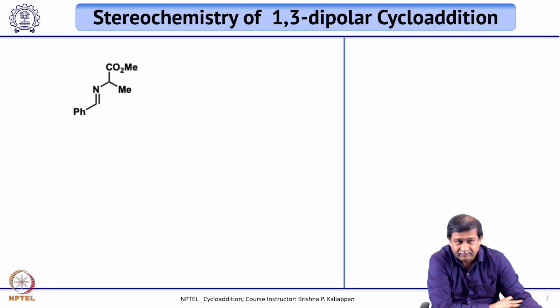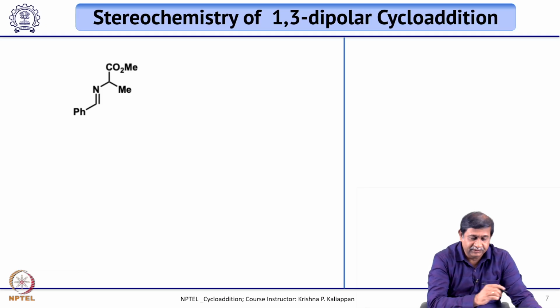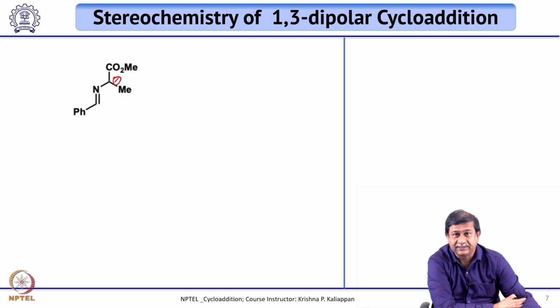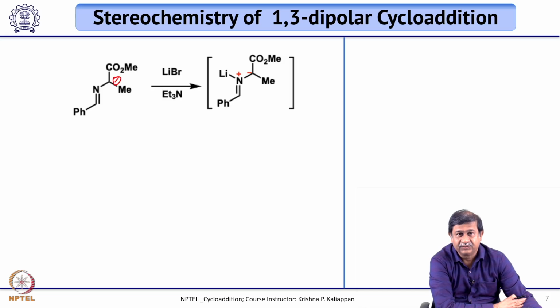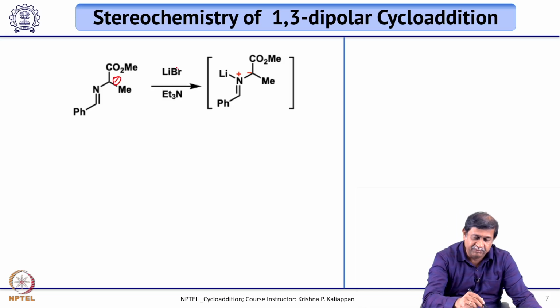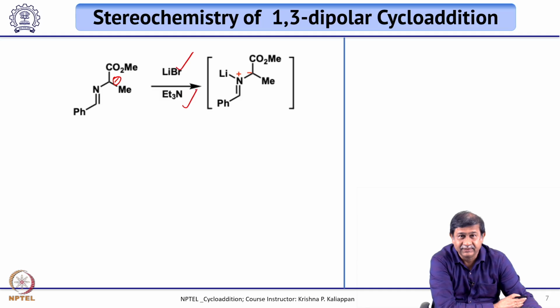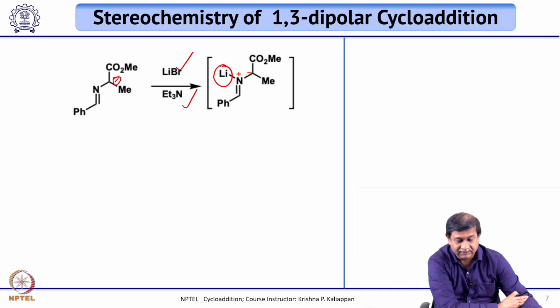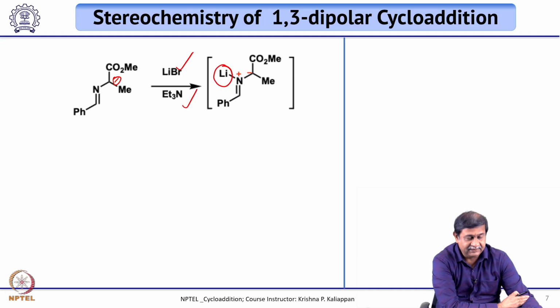Now look at this imine. One can easily generate an anion here, since it is next to an ester. So if you treat this with lithium bromide and triethylamine, then this azomethine ylide is formed and the N is bound to lithium.